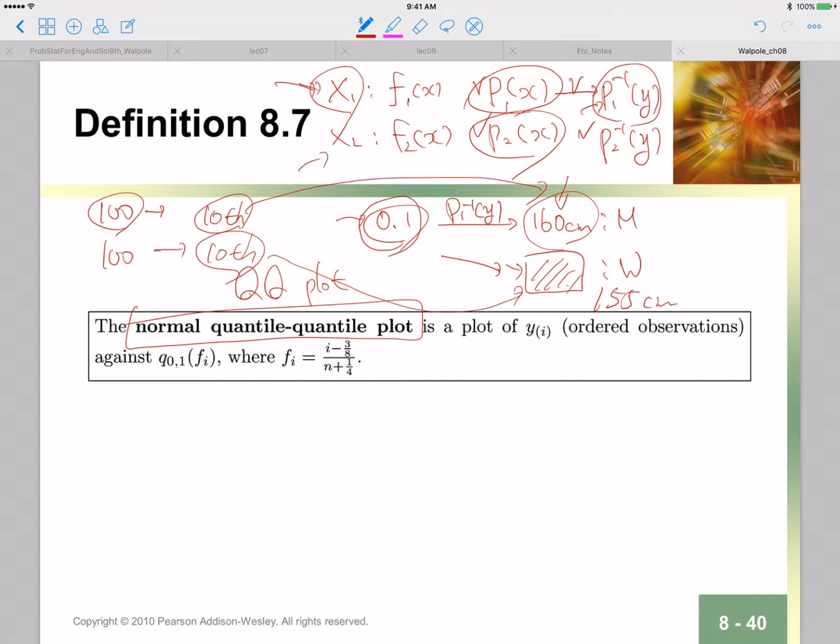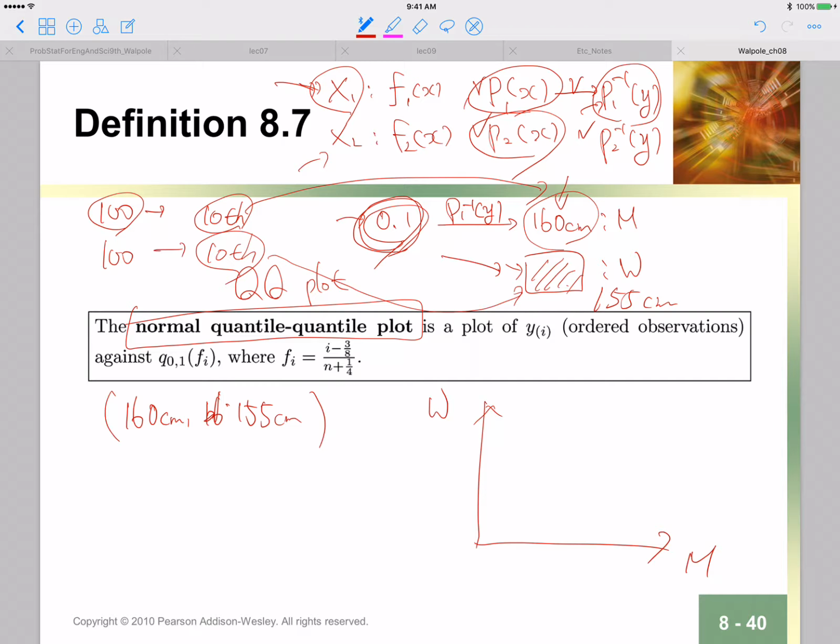Then we consider this as one single point in a two-dimensional plot. This is a man's height, and this is a woman's height, and one single point is formed based on the same probability value.